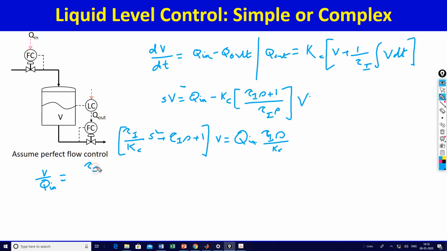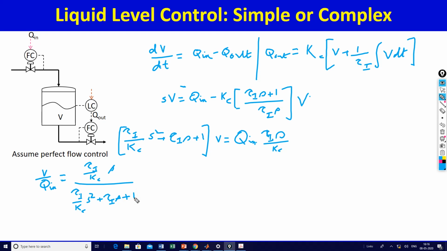tau I by Kc times S divided by tau I by Kc times S square plus tau I S plus 1.